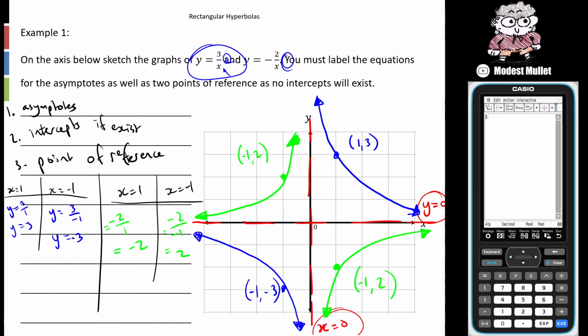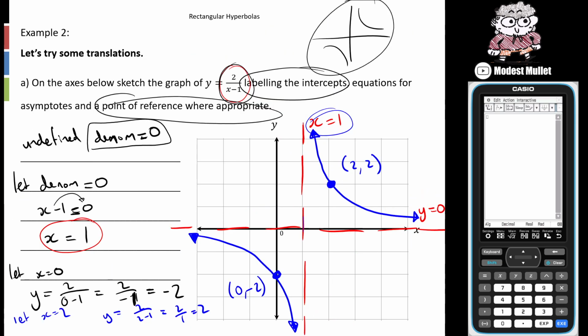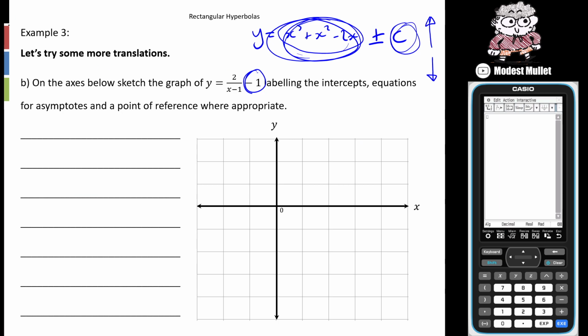So if we go back to what our steps were, let's identify what our asymptotes are. Same thing, to double check, the appropriate way to do this is let the denominator equal 0. So we get x minus 1 is 0, so we get x equals 1.